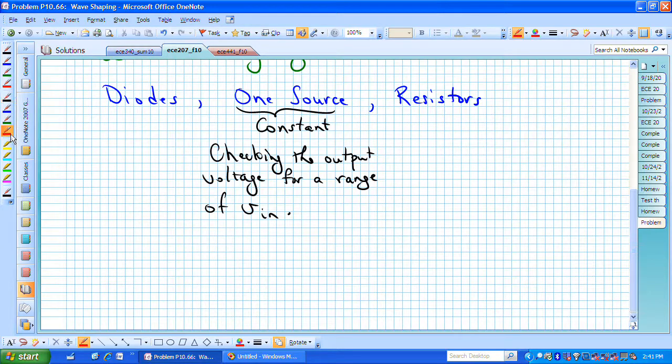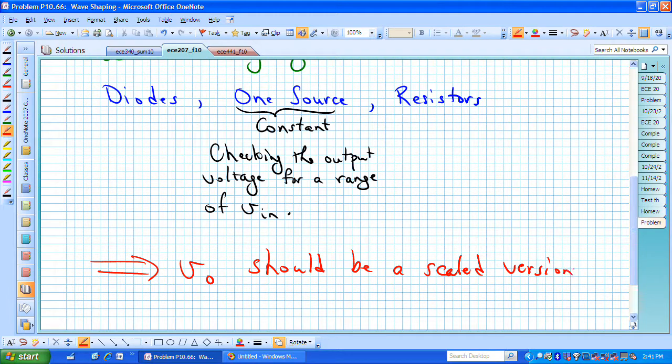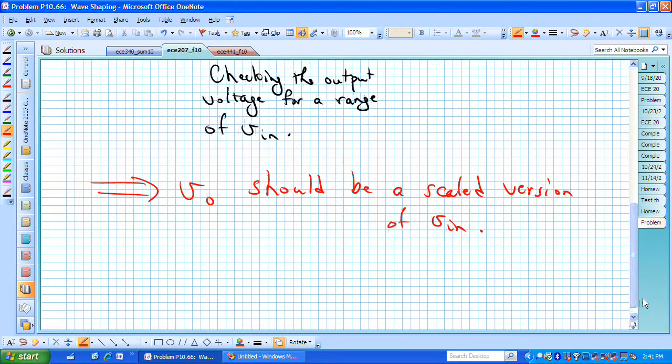And then we have an input voltage, and we're measuring an output voltage across a resistor. That's really saying that V0, the output voltage, really is probably just some scaled version of Vn. That's what we should be anticipating happening in this particular circuit.